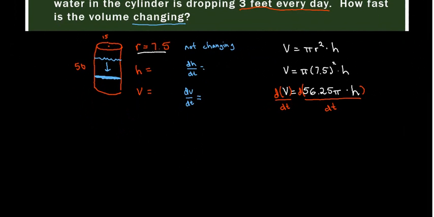Remember that this in front here is just a number. So it's like 5 times h, and the derivative of that times h is just the number. So 56.25 pi. But of course the variables don't match, so we have to add a dh/dt, and that is dV/dt.